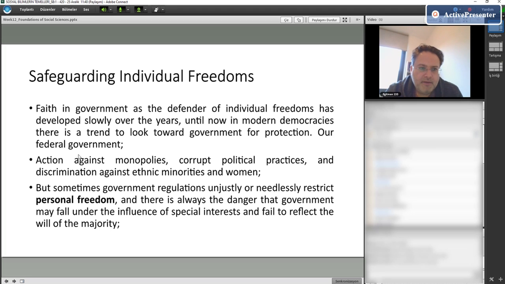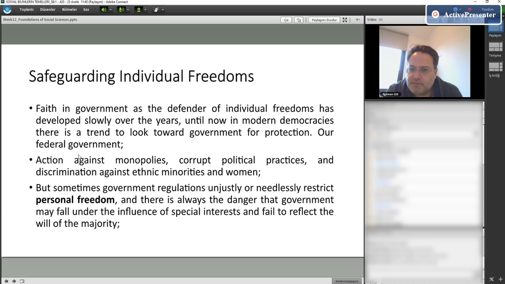So faith in government as the defender of individual freedoms has developed slowly. We have been fighting for our individual freedoms over the centuries until now. In modern democracies, there is a trend to look toward government for protection: action against monopolies, corrupt political practices, because there is corruption, right? We know that. And discrimination against ethnic minorities and women, for example.